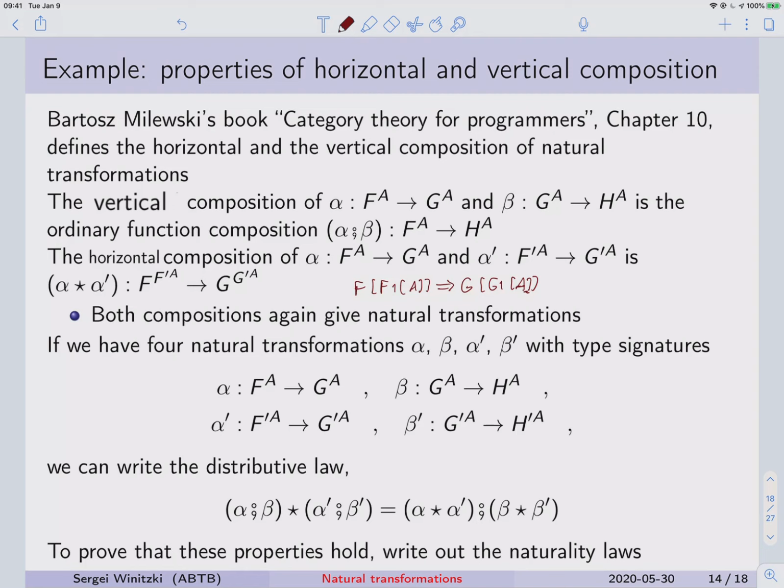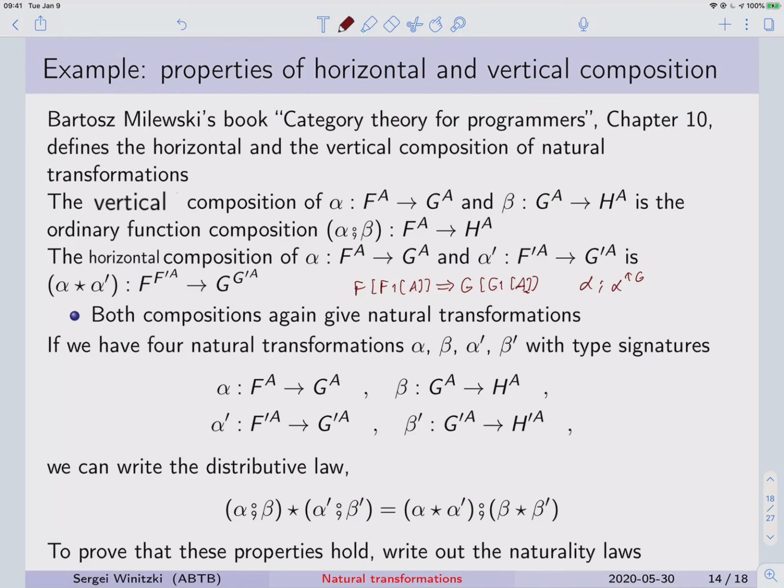So first you transform f to g, that's alpha. And then you get g of f prime, which you need to transform with alpha prime lifted to g.